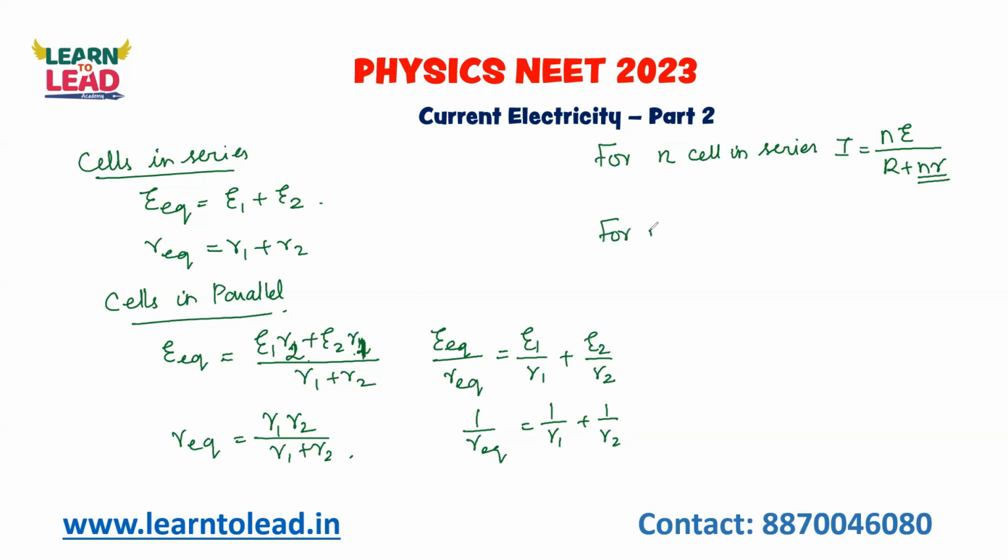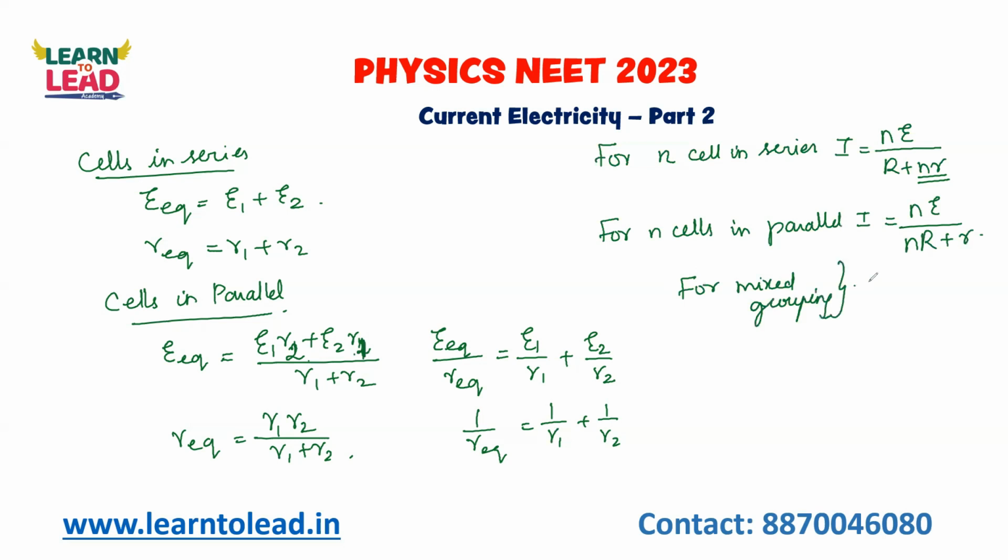For n cells in parallel, I is equal to n into equivalent EMF divided by R plus r by n. For mixed grouping, current I is equal to mn equivalent EMF divided by mR plus nr. So these are the basic concepts behind cells you should know.